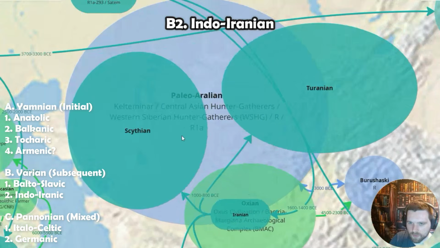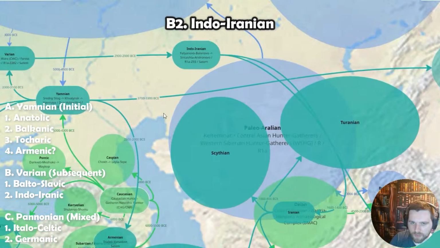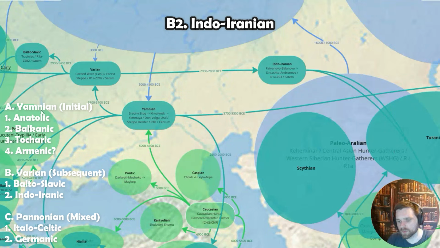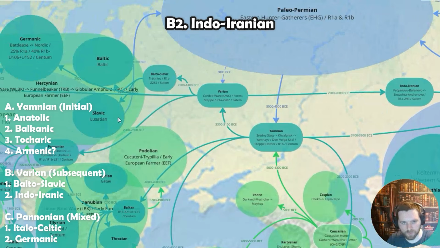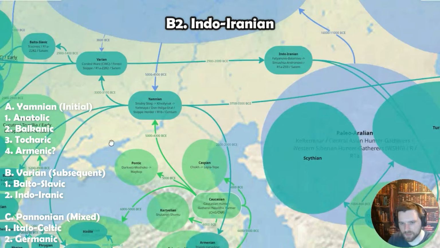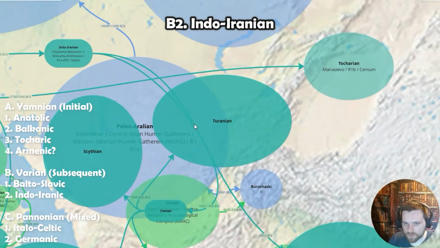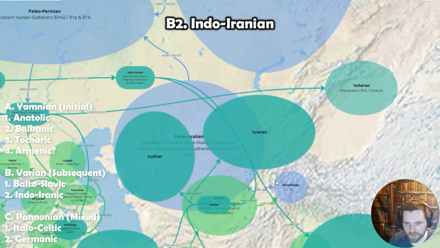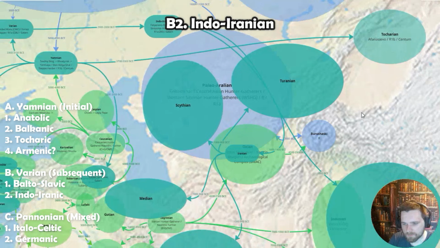Then the other two are Scythians, who start up here, and then they moved all the way into the steppe, reoccupying the homeland of their ancestors in the Yamnaya, and even influencing and bridging up against the Balkans and such, and the Caucasus as well. While the Turanians, on the other hand, remained in this Central Asian corridor, doing their thing for a very long time.